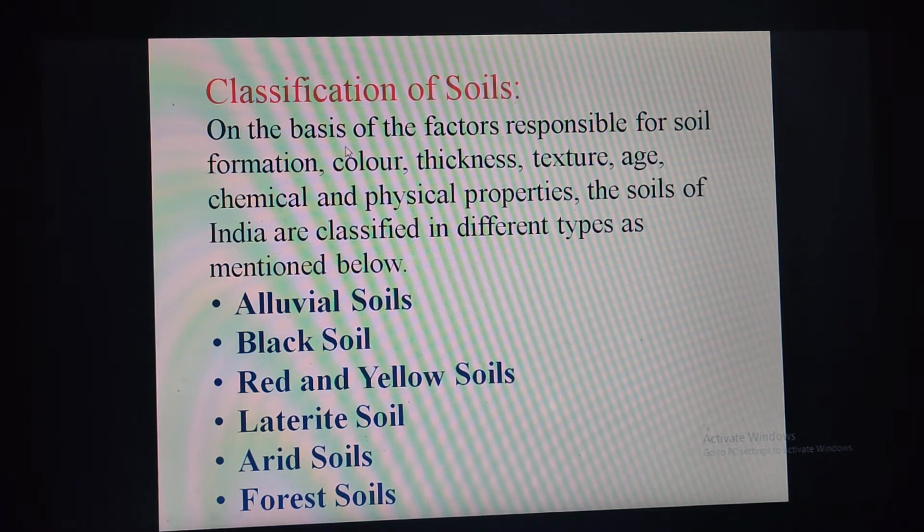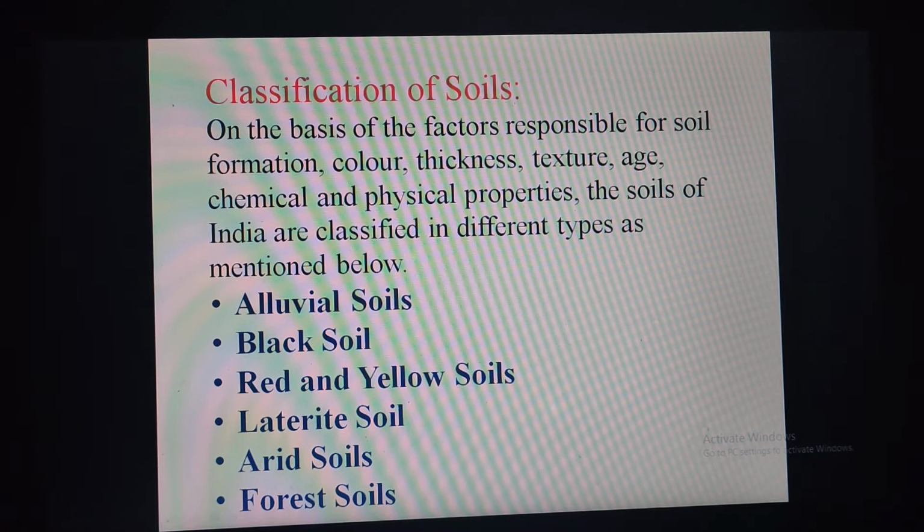On the basis of factors responsible for soil formation, color, thickness, texture, age, chemical and physical properties, the soils of India are classified into different types as mentioned below, which are alluvial soil, black soil, red and yellow soil, laterite soil, arid soil, and forest soil. So let us see all these one by one.